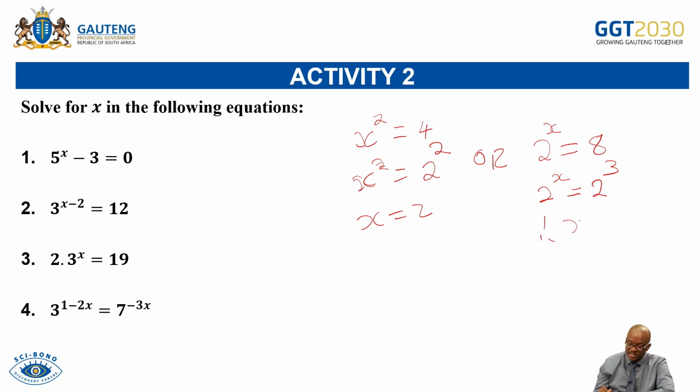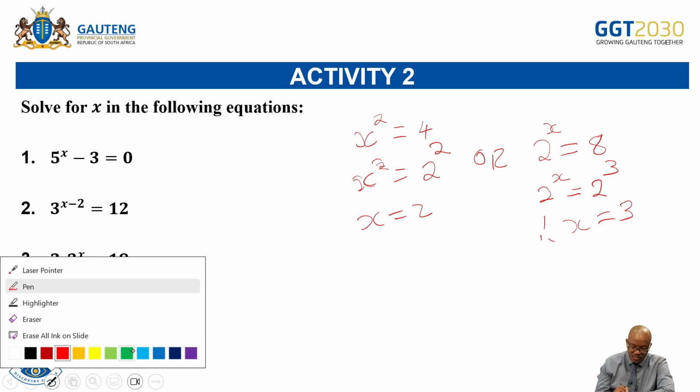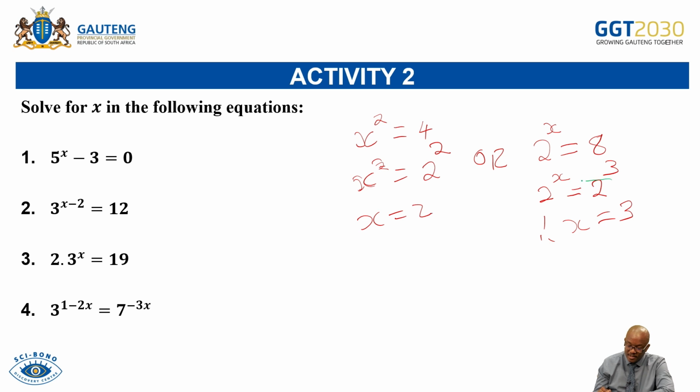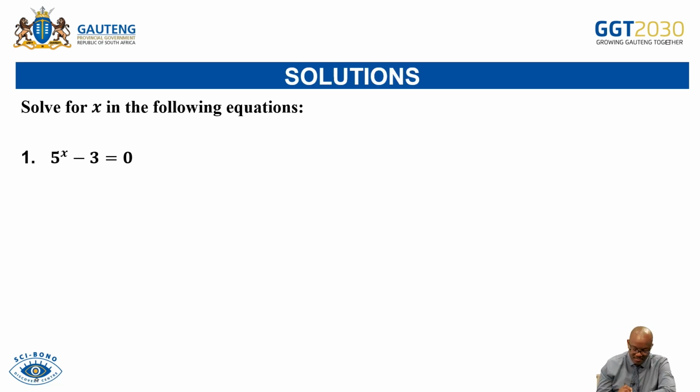Therefore, in this case, x is equal to 3. Why were we doing that? Because we know that when the bases are the same, we can equate the exponents. So with logarithms, how does it help us?